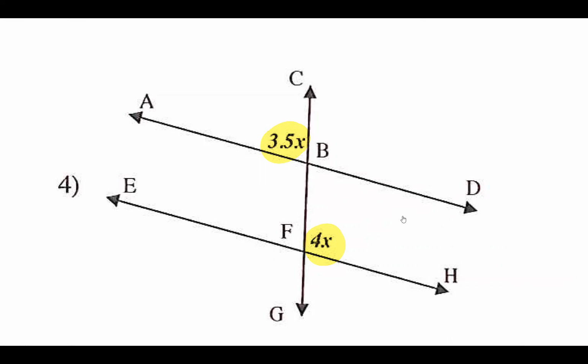We could use vertical angles if we want. Or do we know a relationship between 3.5x and F? Is there a relationship there we can use to our advantage to help us solve for x?